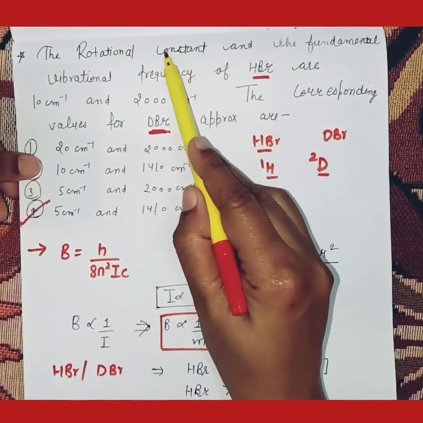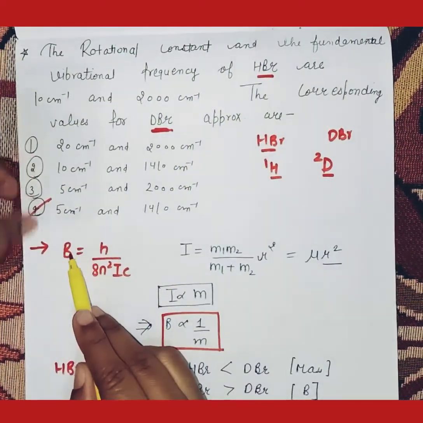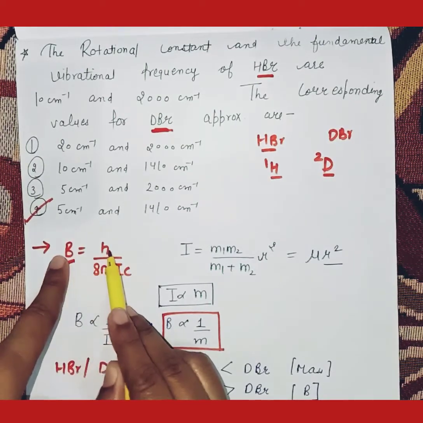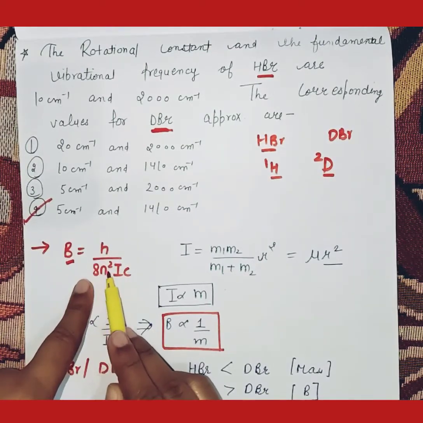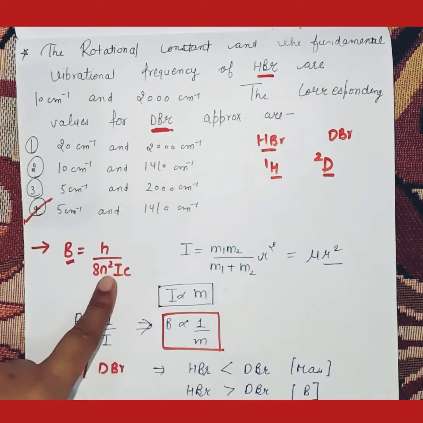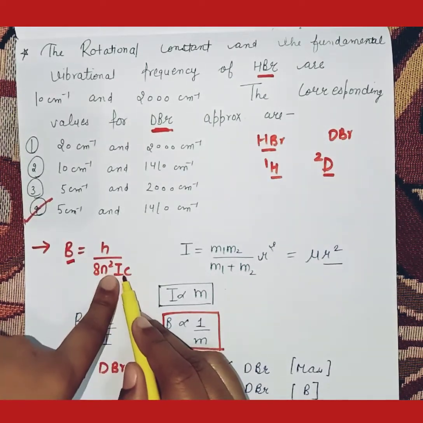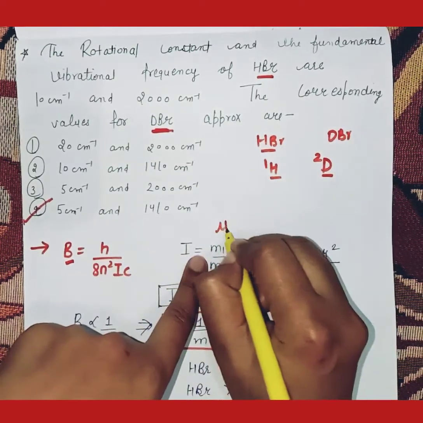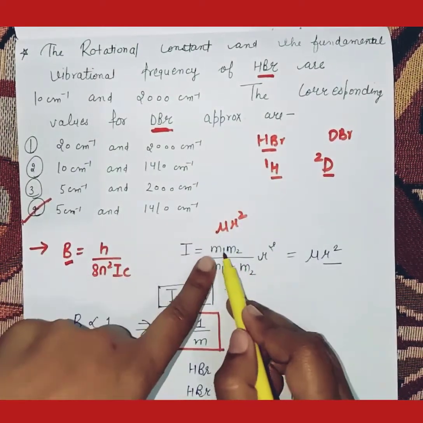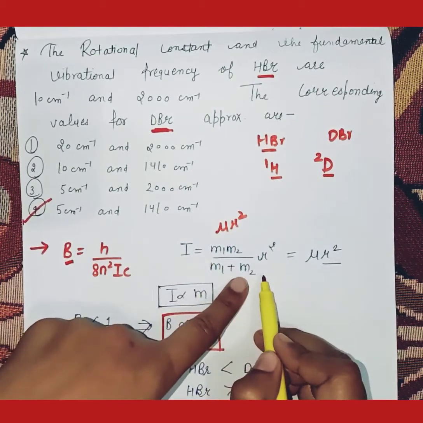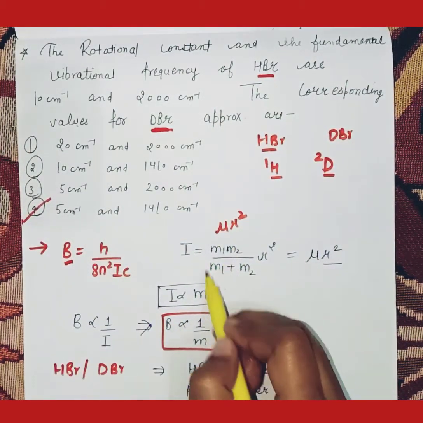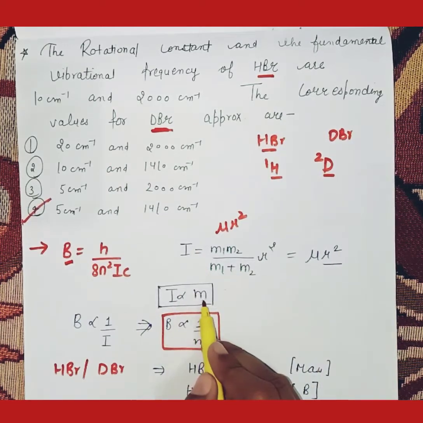The formula of the rotational constant is B equal to h upon 8 pi square I c, where I is the moment of inertia. The formula for I is mu r square, and mu is m1 m2 upon m1 plus m2. So mu is directly proportional to m, and therefore I is directly proportional to m.